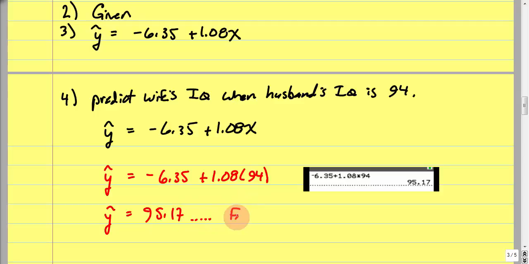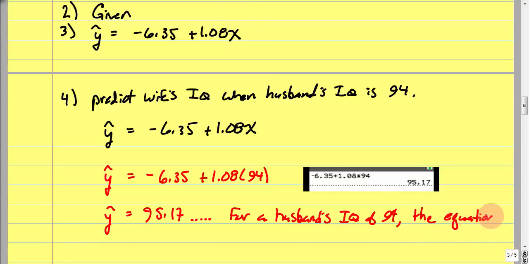So for a husband's IQ of 94, the equation predicts a wife's IQ a little bit higher here of 95.17. Okay, so that's what's going on here.